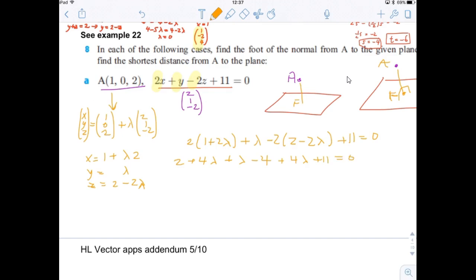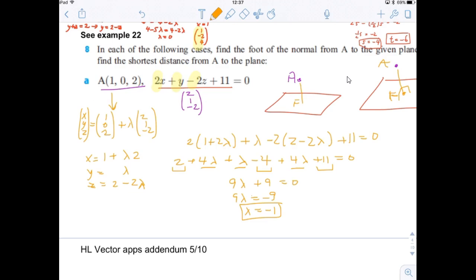So we have 4 lambda plus 4 lambda. So that's 9 lambda. We have 2. We have minus 4, which is negative 2. And then we have plus 11, which is plus 9. So we have 9 lambda equals negative 9. So we have lambda equals negative 1.